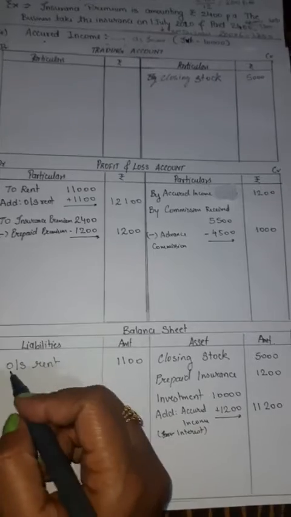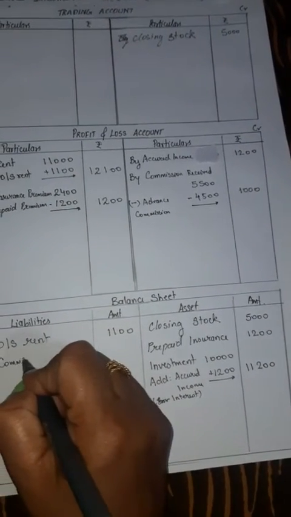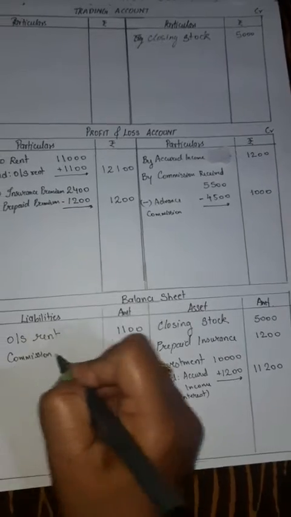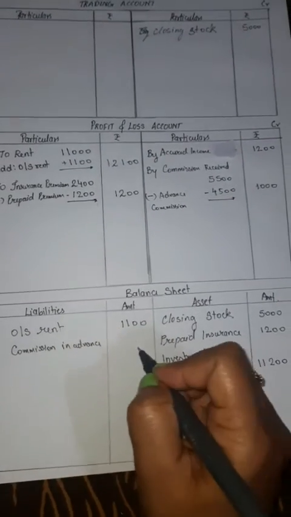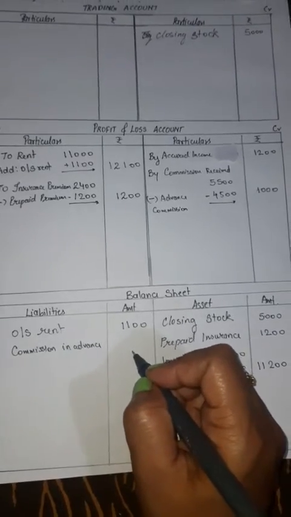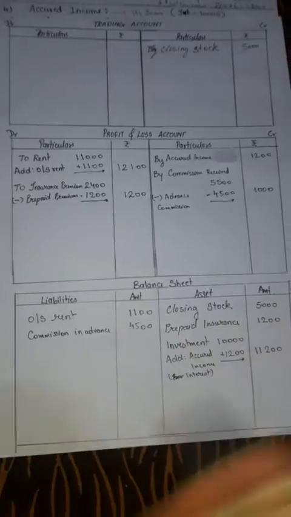So I will write commission in advance as a liability. Income received in advance is our liability.